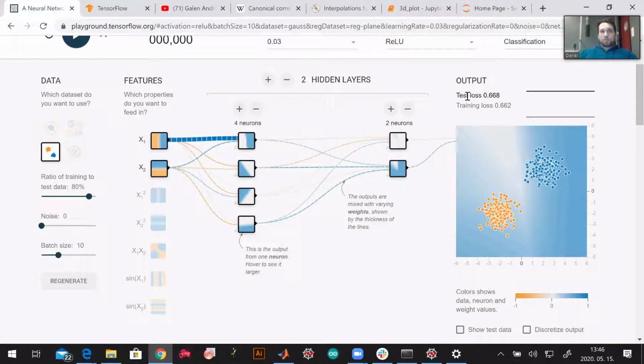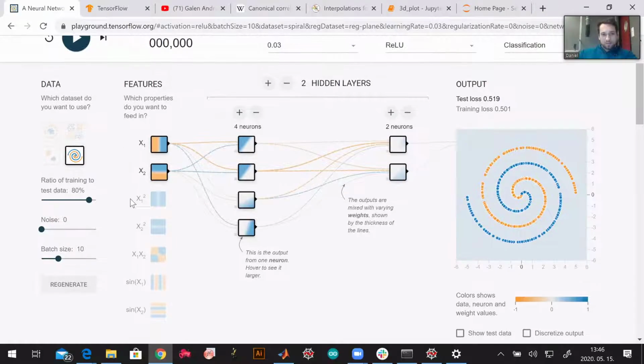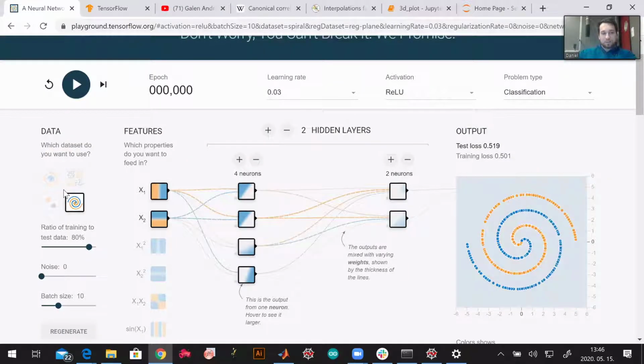And we're going to have a little competition here. We're looking for good neural networks that can classify the most complex data set, which is the spiral data set.